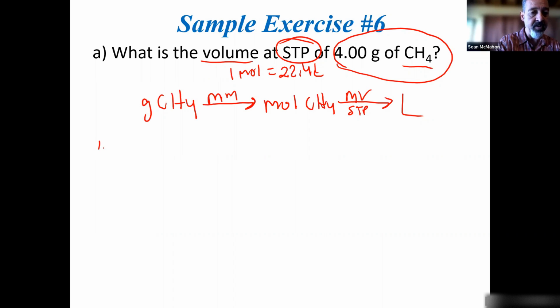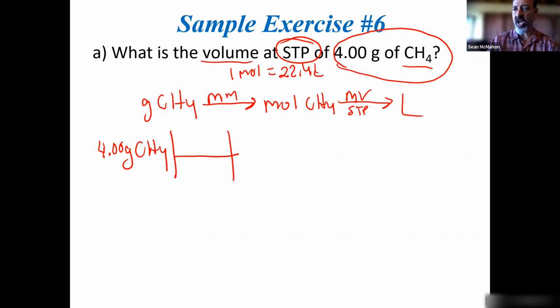So I'm going to go 4 grams of methane. Each hydrogen is about 1.01 grams times 4, that's 4.04. And then carbon is 12.01 plus that. So you're getting about 16.05 grams for 1 mole of methane.